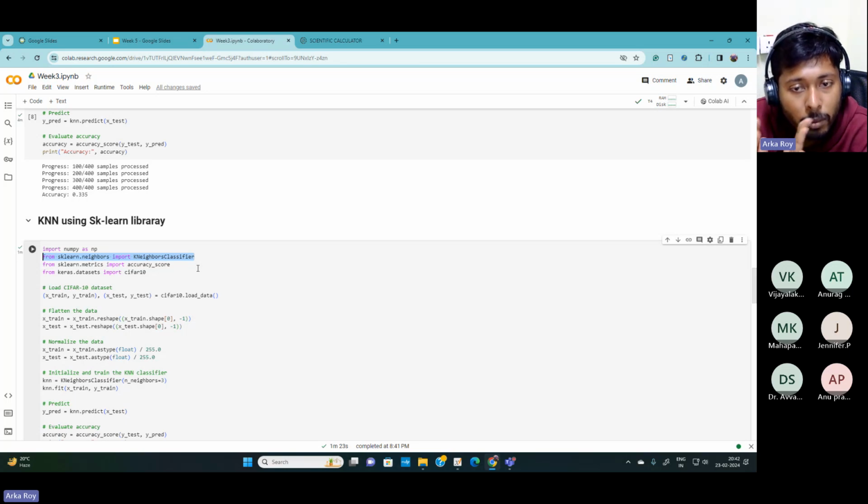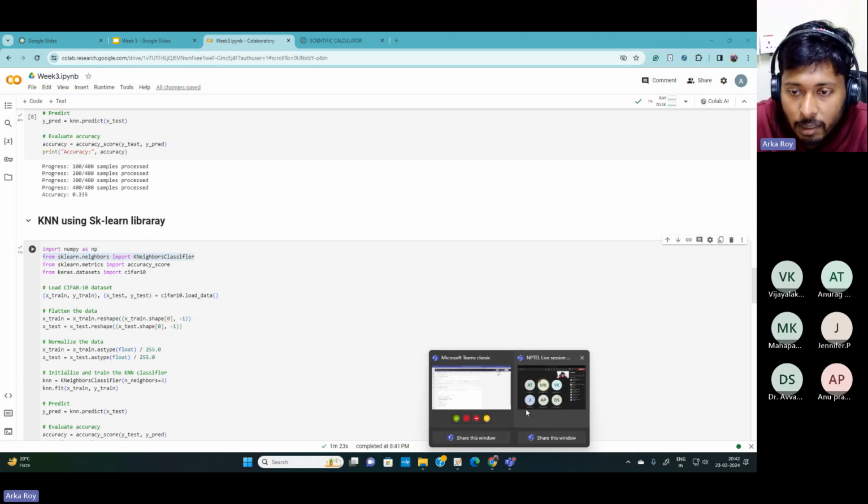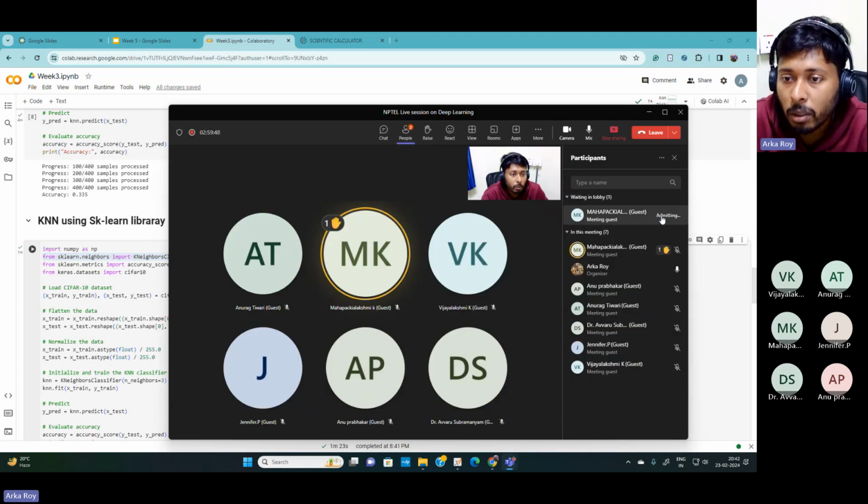So that is why you should use these predefined libraries in any deep learning or machine learning application. If you are able to write your own algorithm, that is fine. But if it is a standard classifier, then I would recommend you to use the libraries rather than writing them on your own.